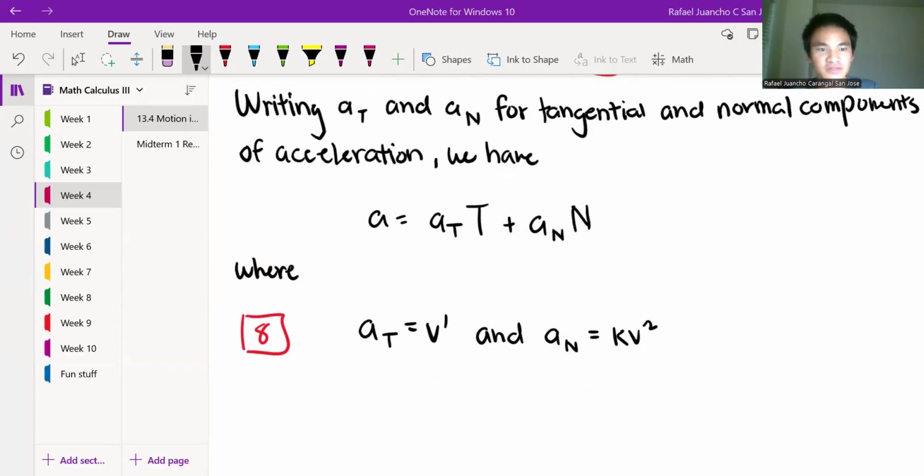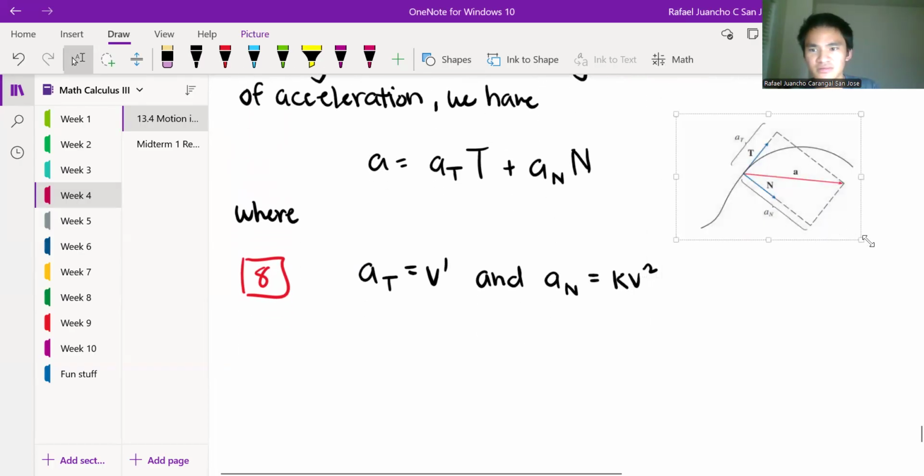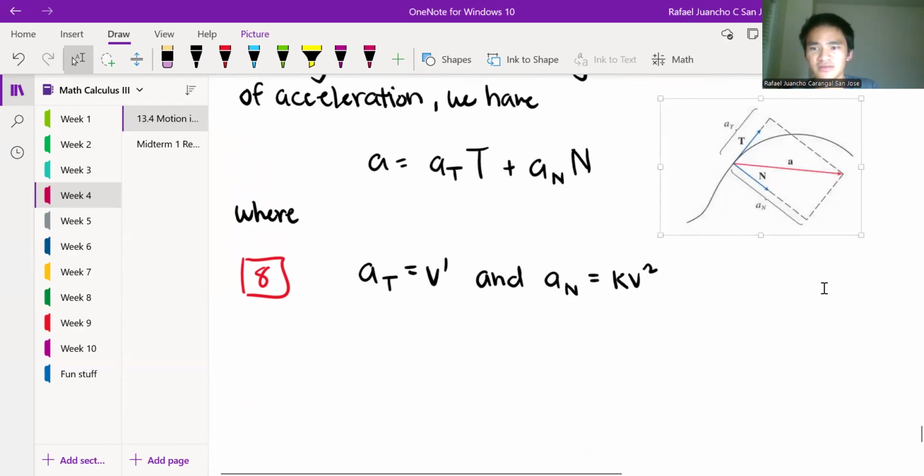So we have two vectors. We have two things to consider for an acceleration. So these two vectors here, well, A is the acceleration, right?